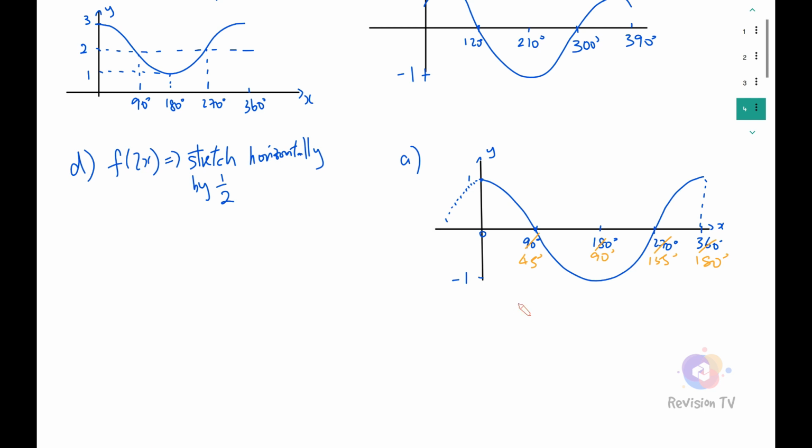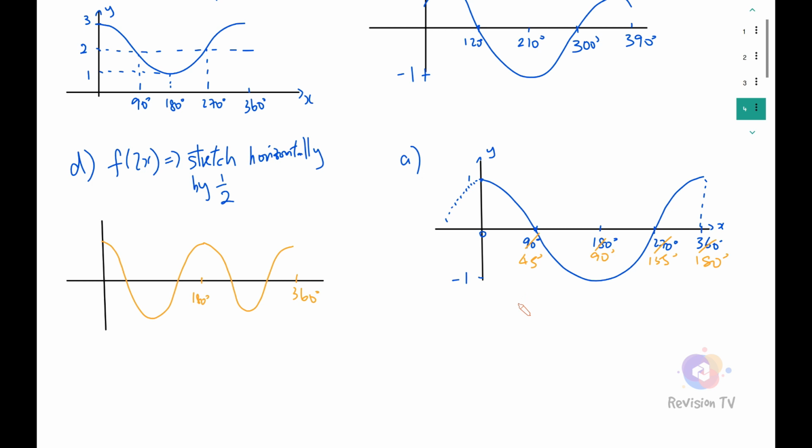So we're going to start at the same place. Now this part was 180 degrees. If we were to draw the graph to 360, we could fit in another cycle. That's 360 degrees. Okay, and that's the answer.